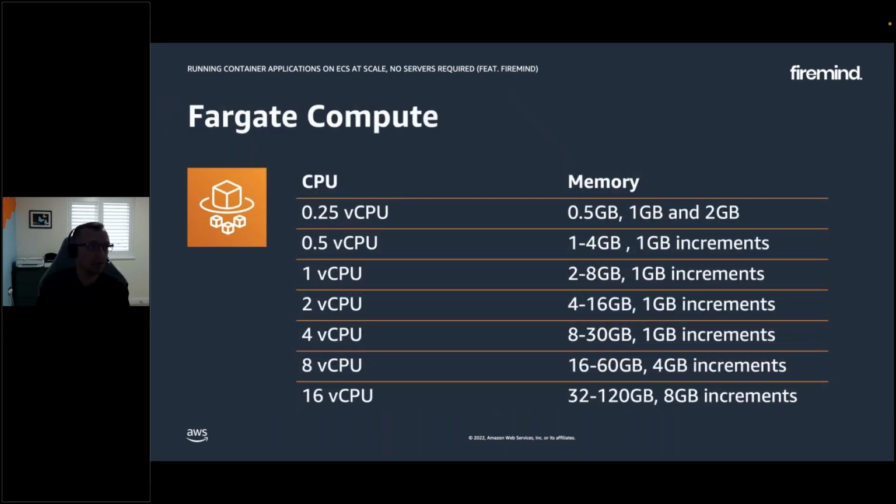In terms of the Fargate compute, you have different options in terms of the vCPU and memory. We've just recently added new compute options, and that is 8 vCPU, and you can go up to 16 vCPU.